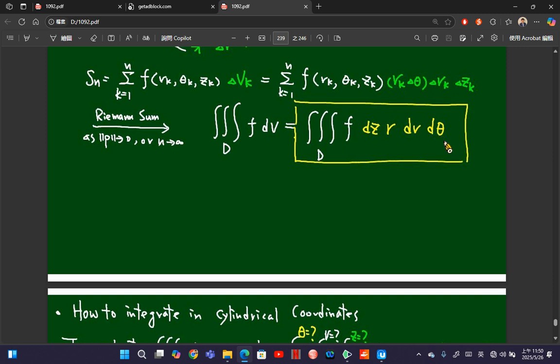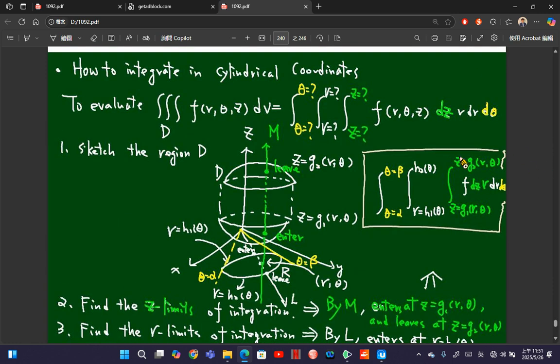If you just hide this part, actually you just go back to the double integral in the polar system, r dr d theta. And we only have the dr d theta order.